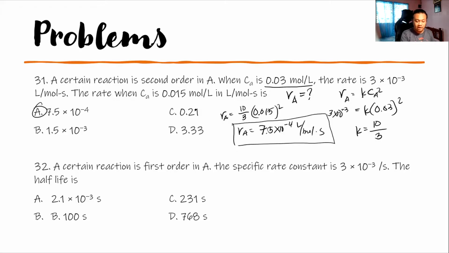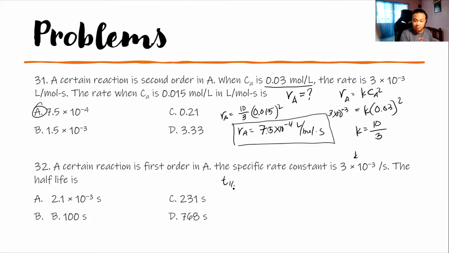Now for number 32. Number 32 is really easy. First order in A. So we know the formula of half-life. We are given the K, and the half-life is just T sub 1/2.